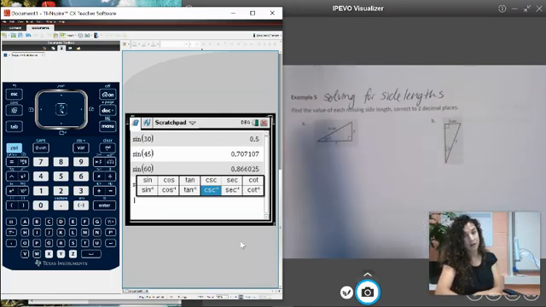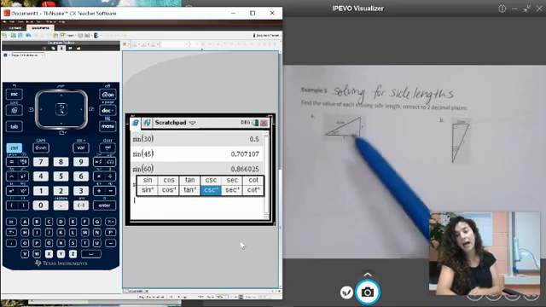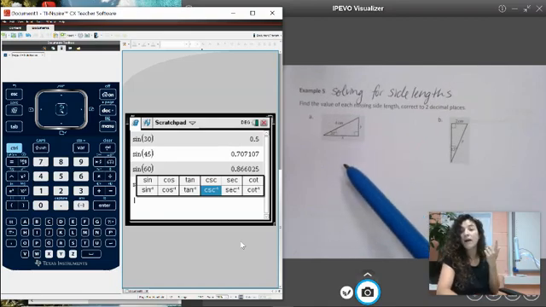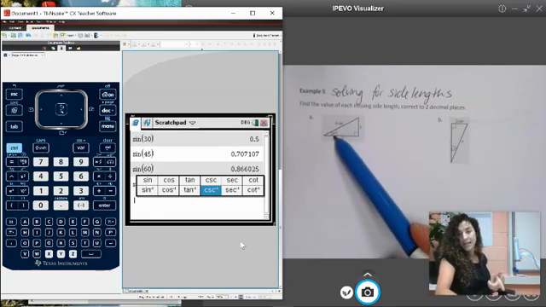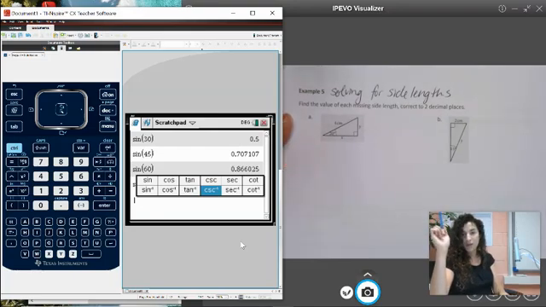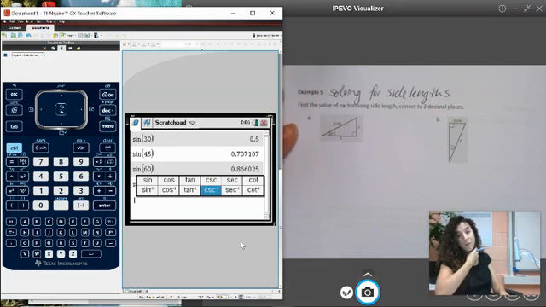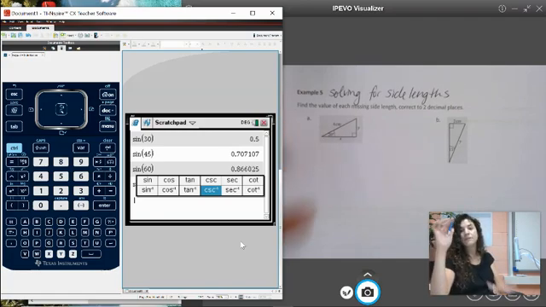Now, this is different from the Pythagorean theorem, solving for side lengths, because we don't have 2 out of the 3 side lengths. We have 1, and we're given an angle. That's how we know we want to use SOHCAHTOA: we're given a side length, typically only 1, and an angle. Then we can use that angle to solve for the missing pieces.